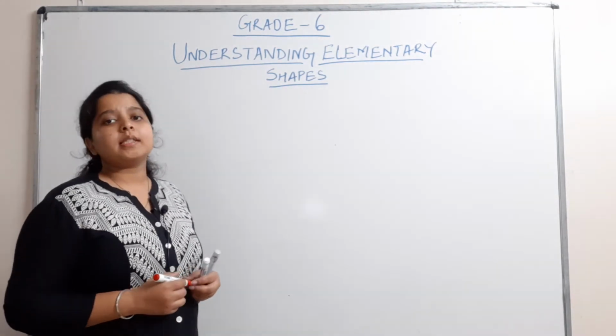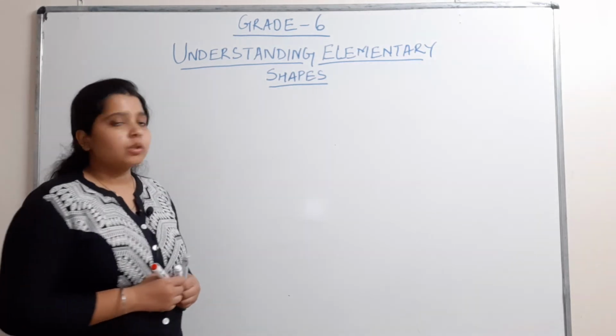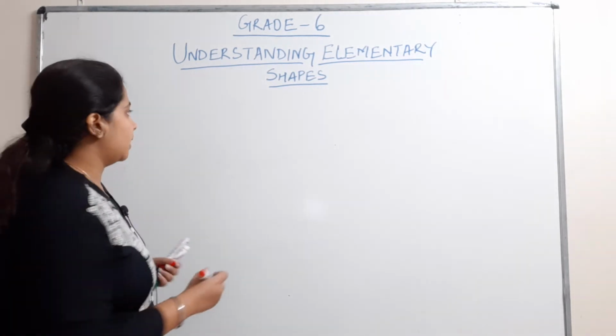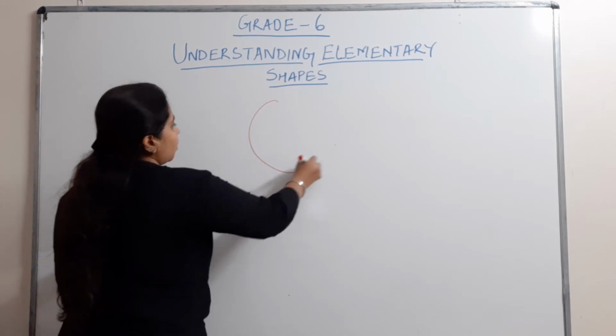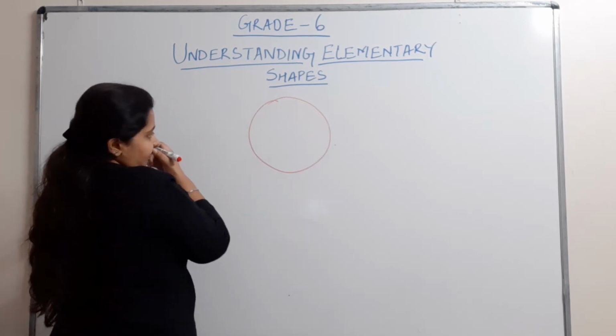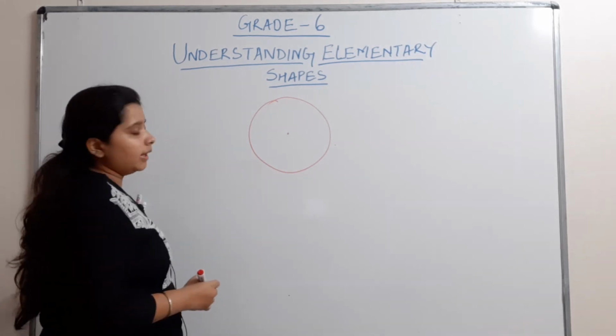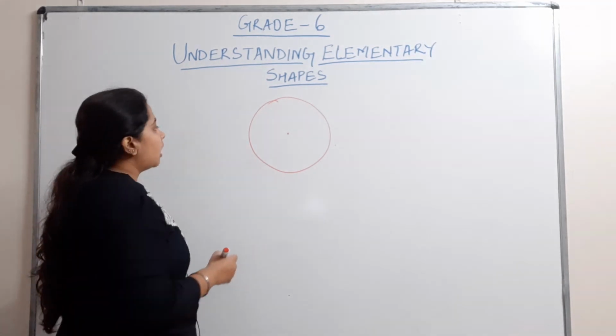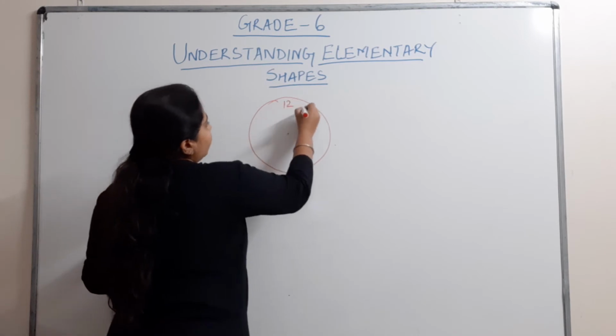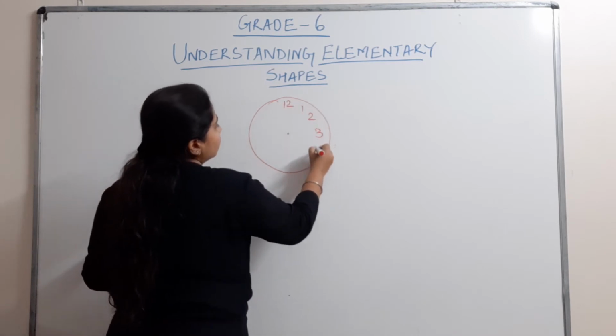Now students, when I say clockwise or anti-clockwise, let's discuss the clock as well. So this is a clock, okay, and this is the center of the clock where the hands are fixed, and there are 12 numbers on the clock, you know very well.